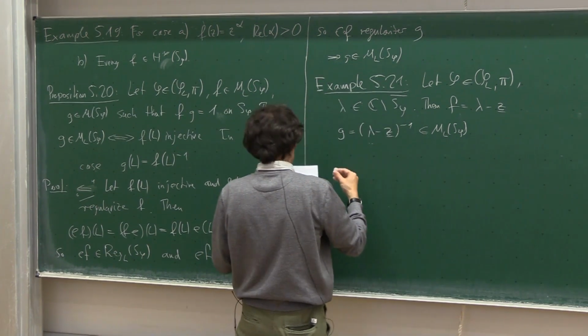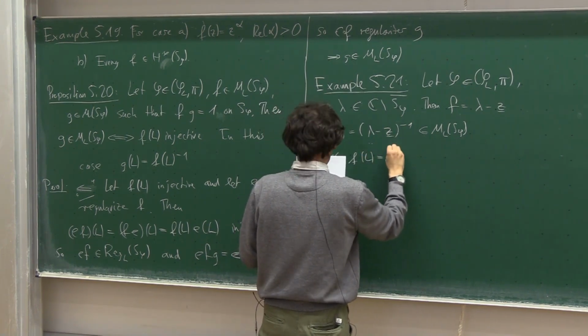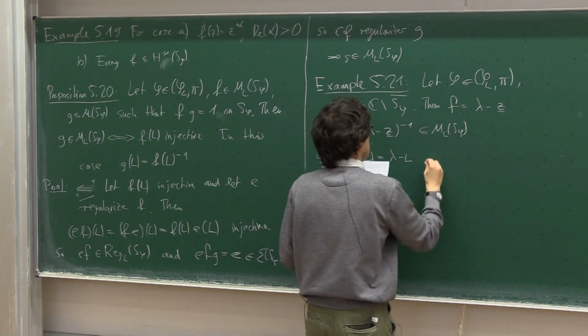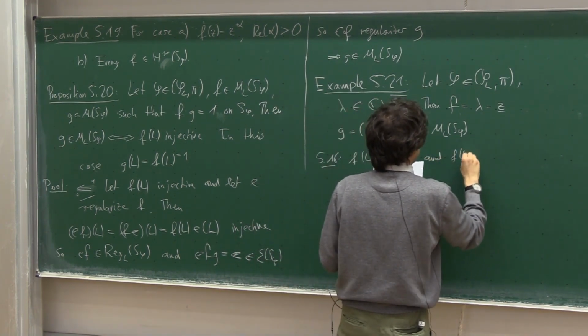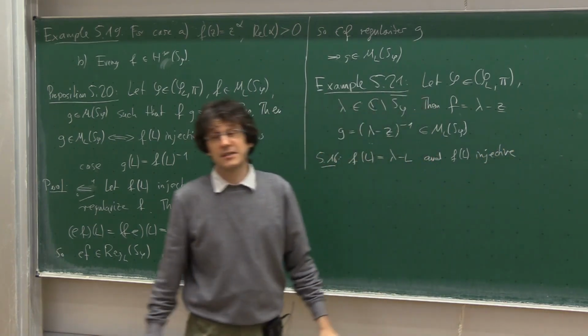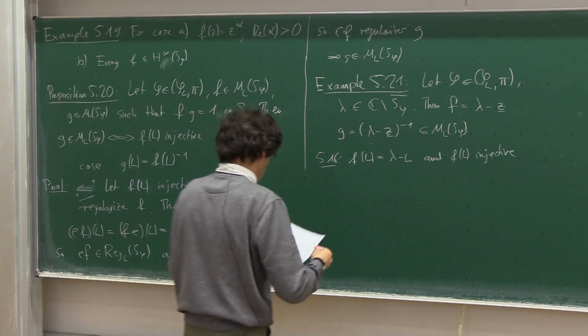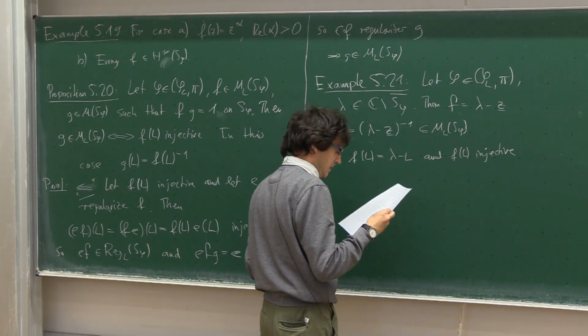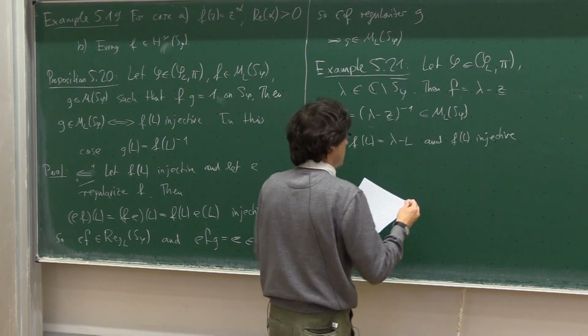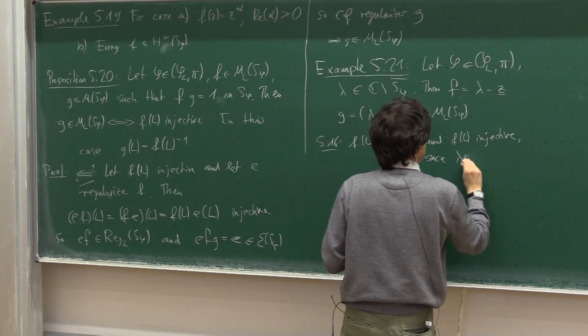And we know from 516 that f of L is lambda minus L. And we know that f of L is injective because lambda is in the resolvent set of L. So f of L, lambda minus L, is injective because this is even boundedly invertible.